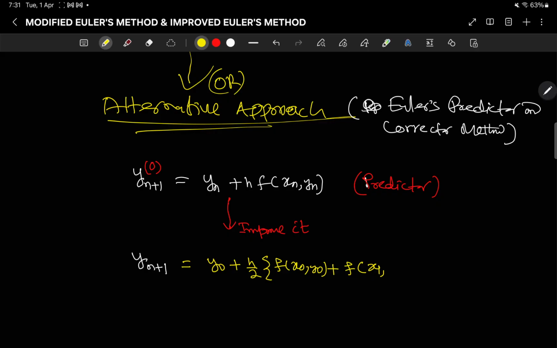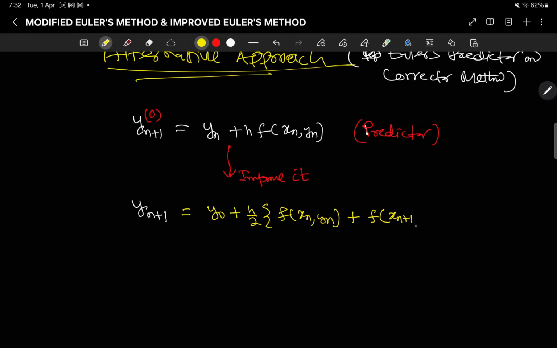So I take n here: f(xn, yn) plus f(xn plus 1, yn plus 1), and this yn plus 1 will be taken from this, so I write it with superscript 0. Now again I further improve it.